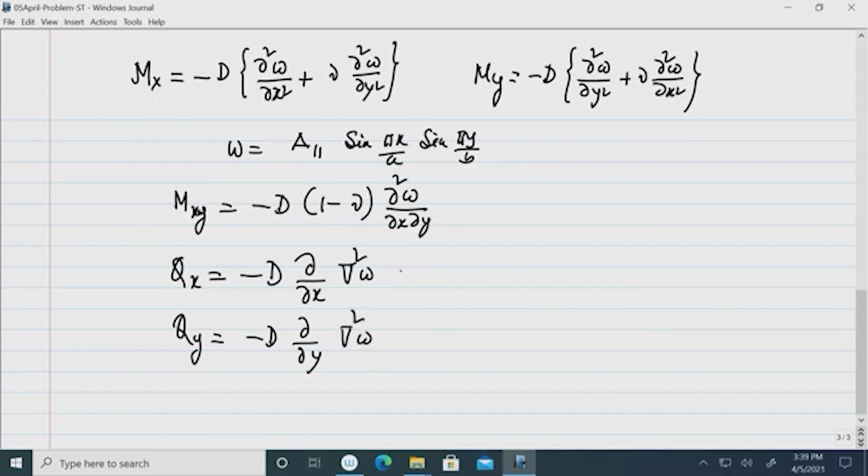Okay. So, once the w is found, then other quantities can be easily calculated. So, as an exercise you can complete this. This type of problem you may get in the assignment. So, there I will give the complete solution.